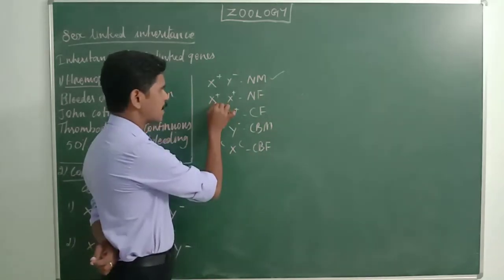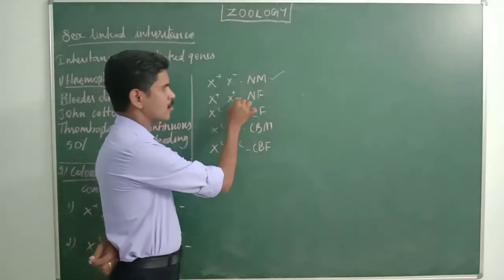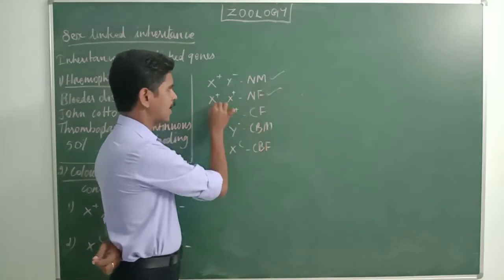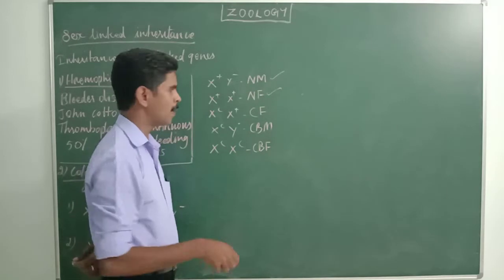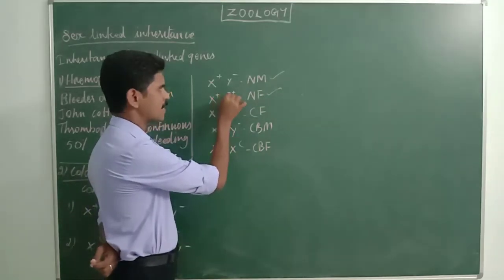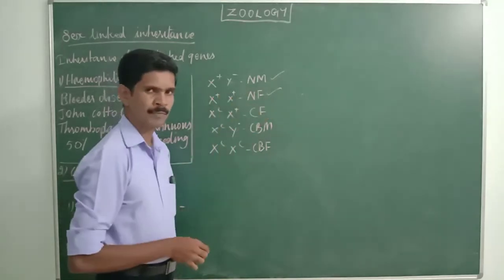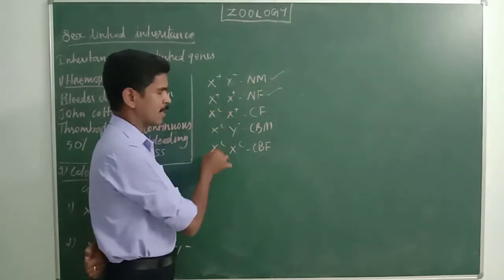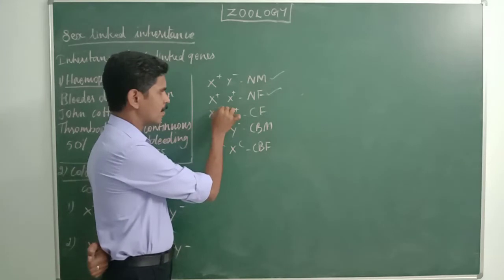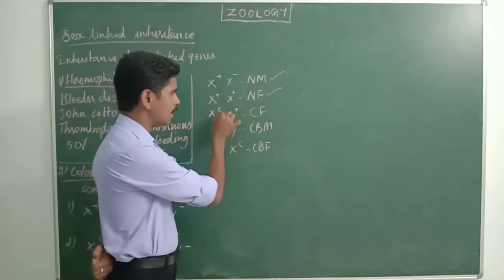Then X plus and X plus: it's a normal female, because females have two X chromosomes. When these two X are in plus condition, that female is a normal female. When one X is affected, here I mention the letter C, meaning color blindness.